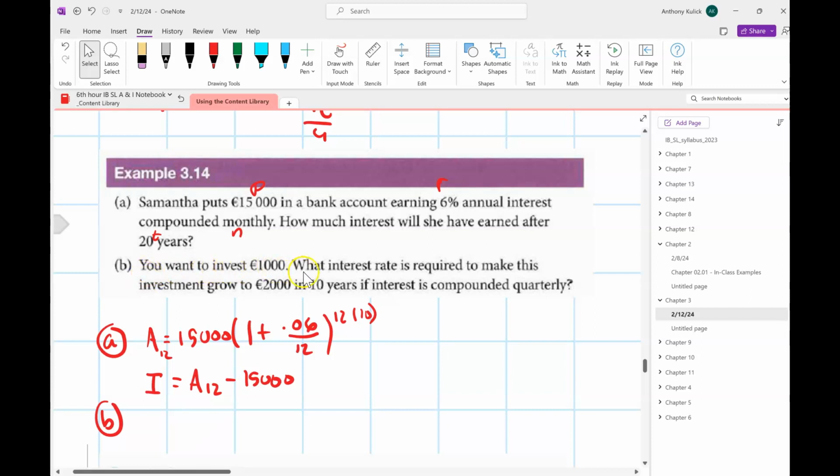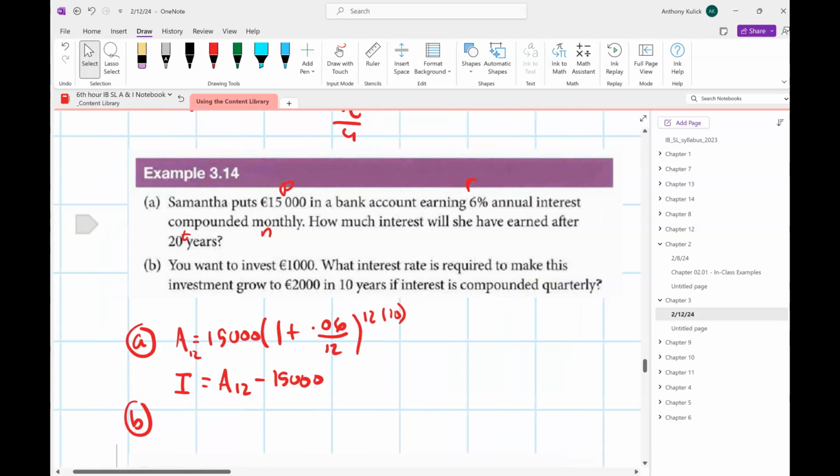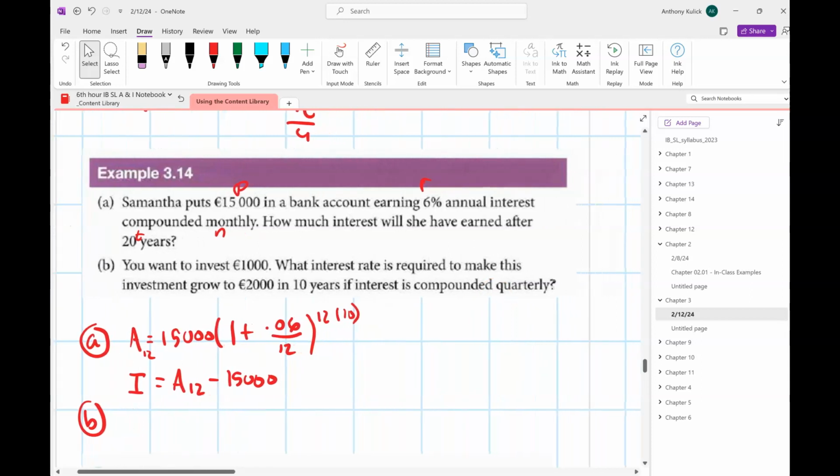You want to invest $1,000. What interest rate is required to make this investment grow to $2,000 in 10 years if interest is compounded quarterly? So this is P. This is A sub 10. This is my T. That's my N. I'm looking for R as a variable, right?